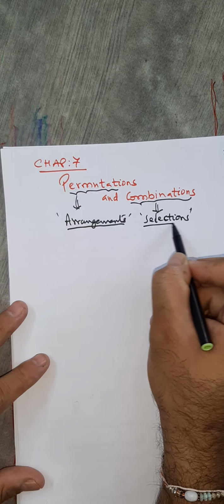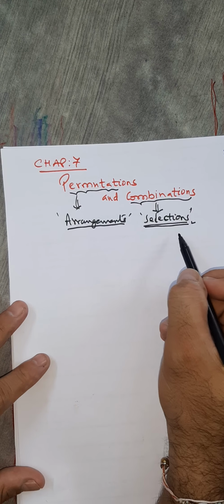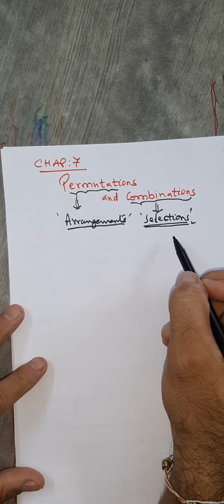You are going to select something, and how you select the objects is not important. Combinations means selections, and permutations means arrangements. You will realize later on as we move further.